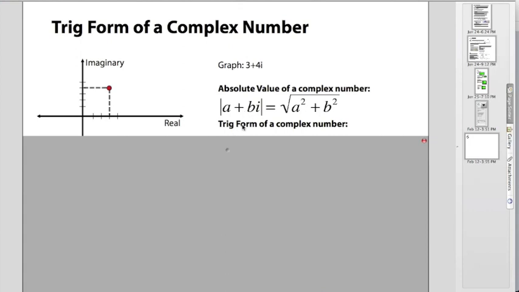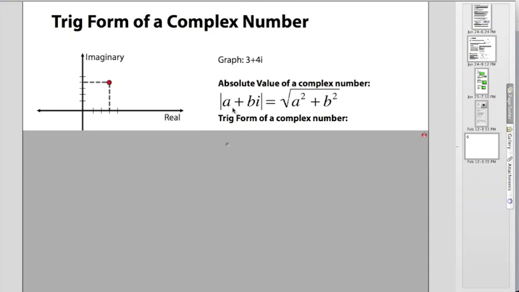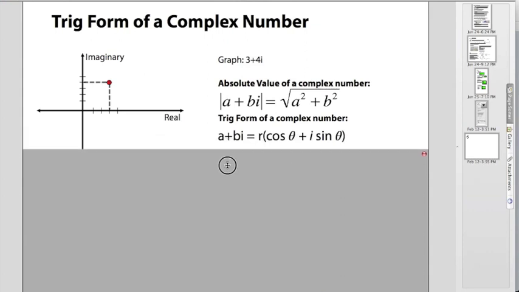If we have this form, a plus bi, this is your traditional complex form. When you see the absolute value symbol there, what it means is how far away from 0. So we do exactly a squared plus b squared, and then we square root it. Now, the trig form of a complex number looks like this.